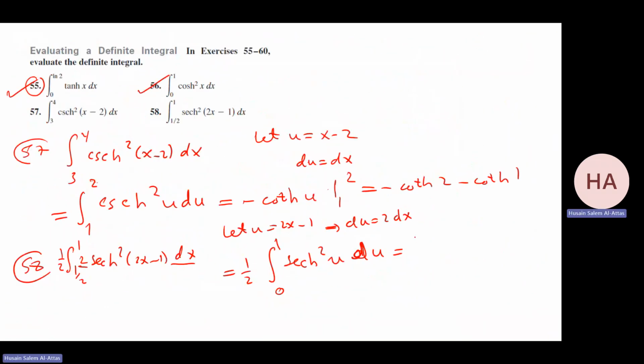I'm getting half tan hyperbolic u from 0 to 1. That will be half tan hyperbolic 1 minus tan hyperbolic 0, which is 0. So I see half tan hyperbolic 1.